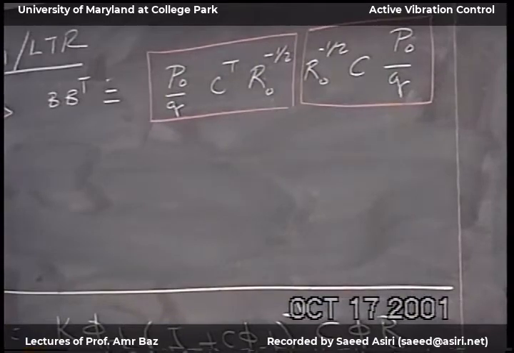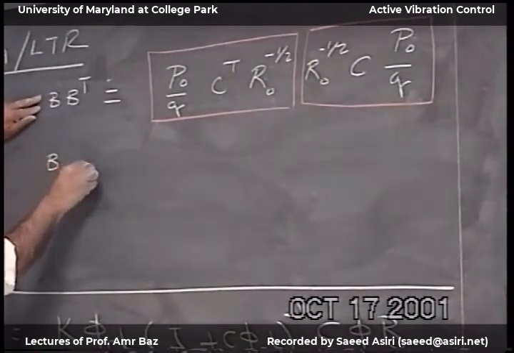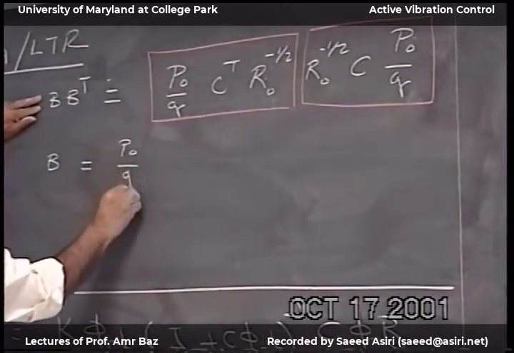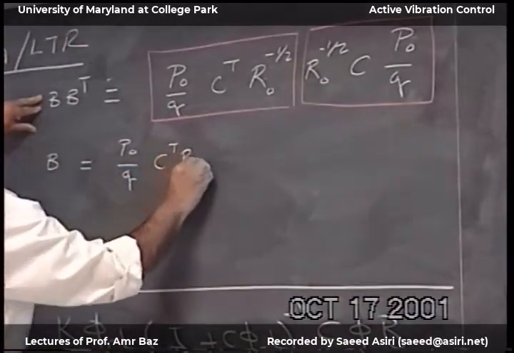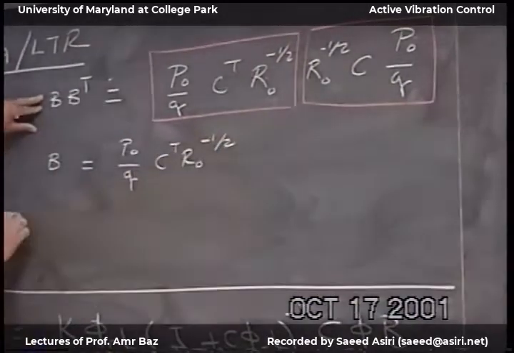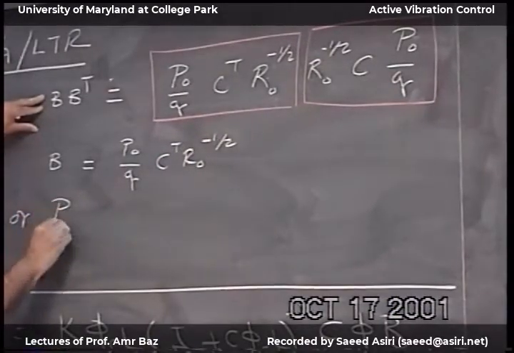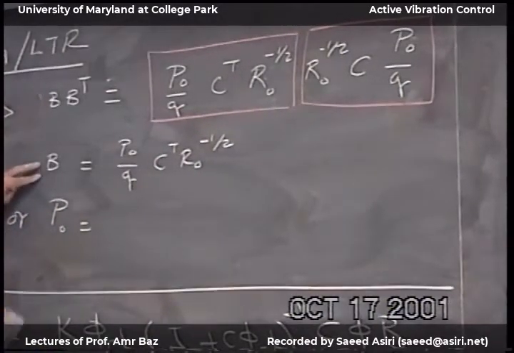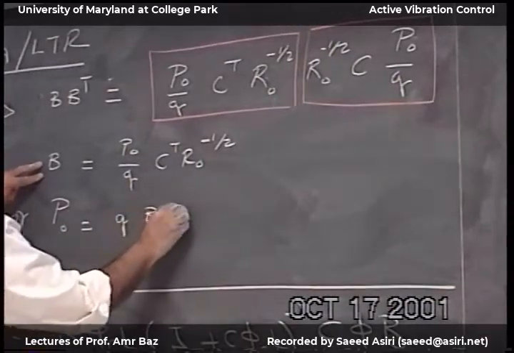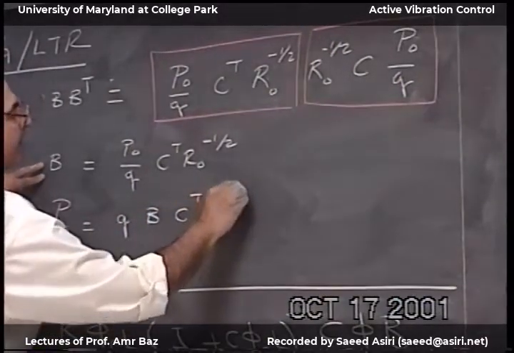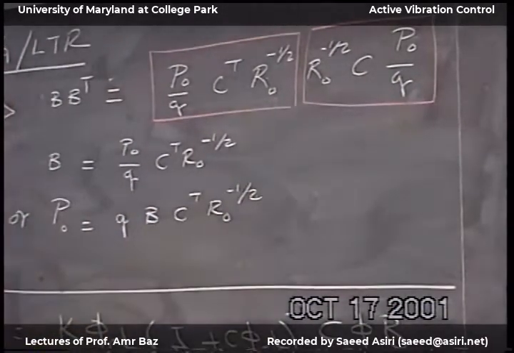Okay, then now we can say that B will equal to P0 over Q, or P0 will equal to Q B to the minus 1/2.